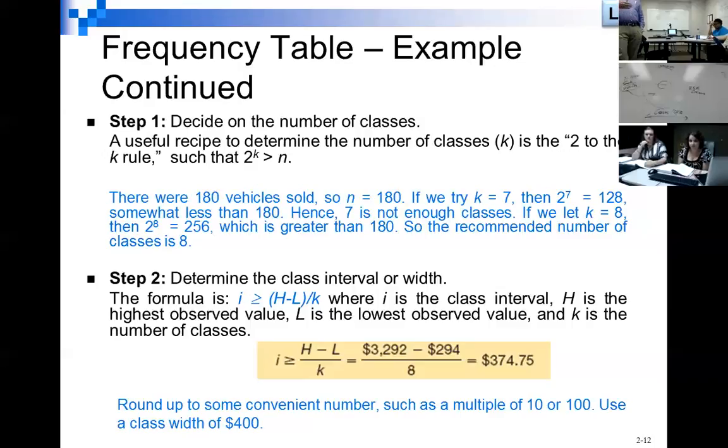If I was at $301, you might not take it all the way up to 400, you might cap it off at 350. This is at your discretion, but you shouldn't round up any more than to the multiple of 100.